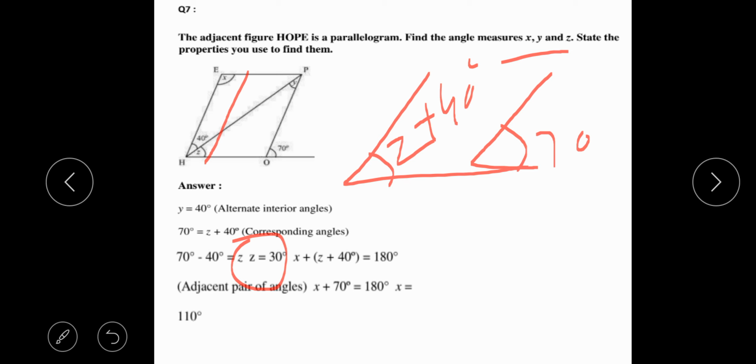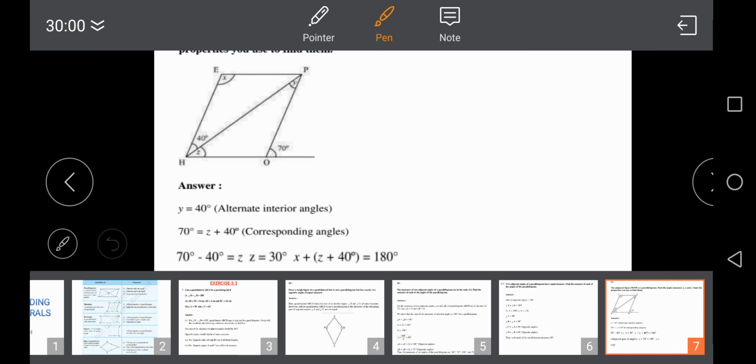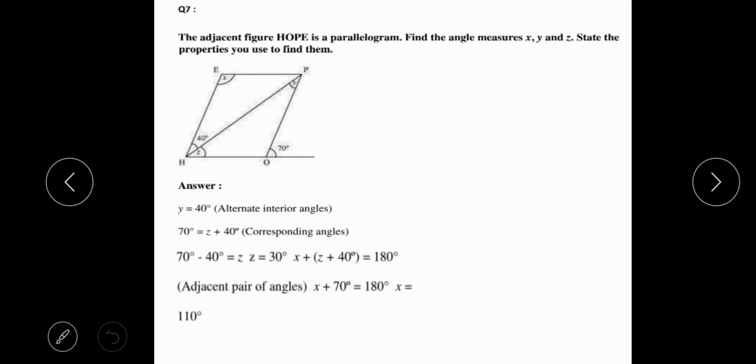Again here these are adjacent angles, so the sum is equal to 180 degree.